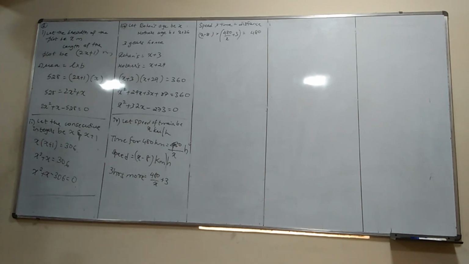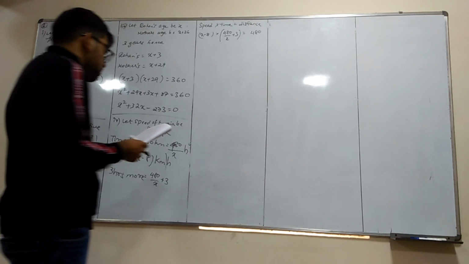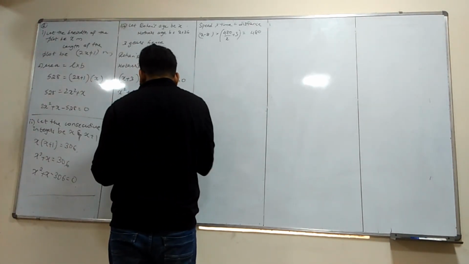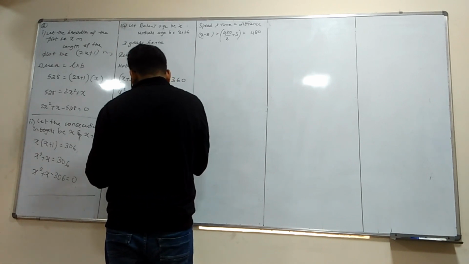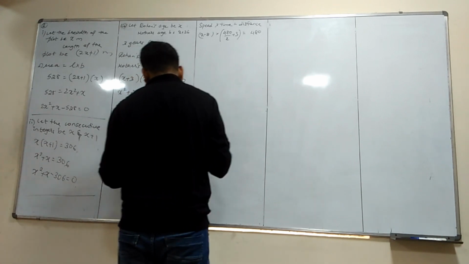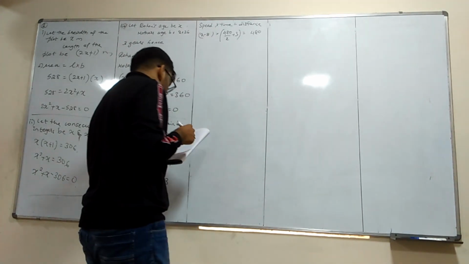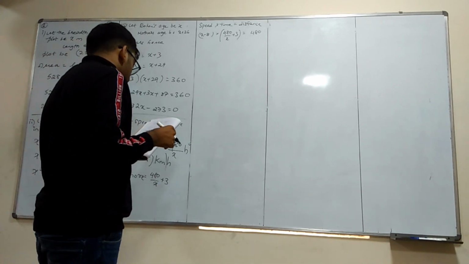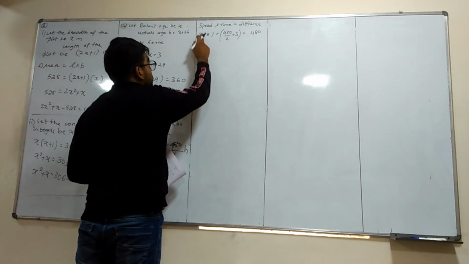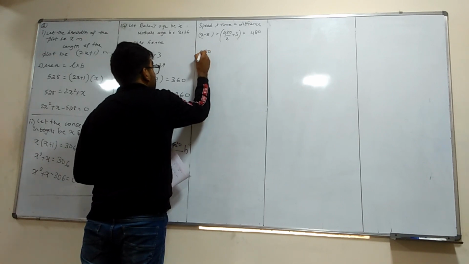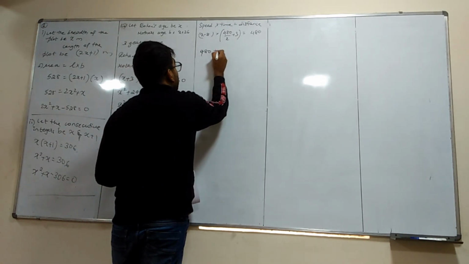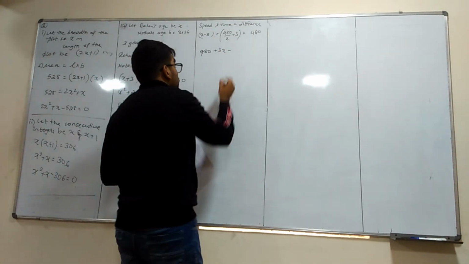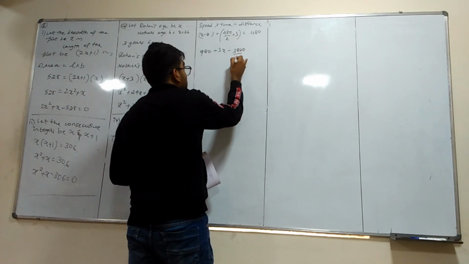Here now we have to solve this. When you multiply x with this term, x gets cancelled, we will be left with 480. When we multiply x with 3, this is plus 3x, minus 8 into 480 will be 3840 divided by x.